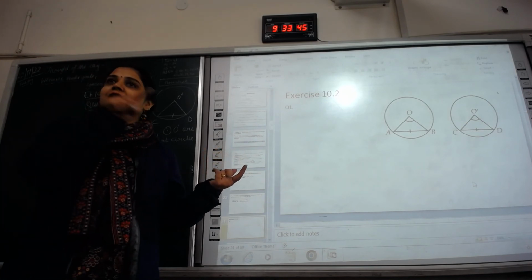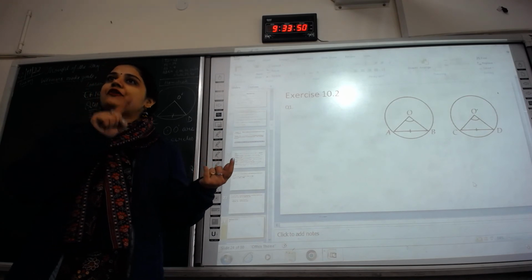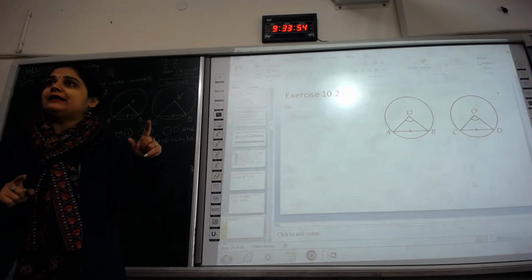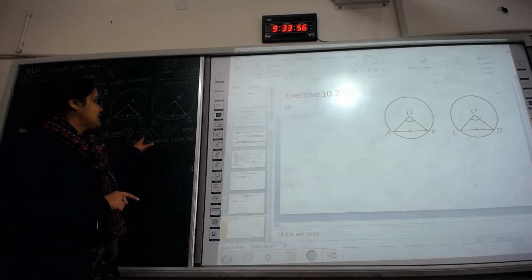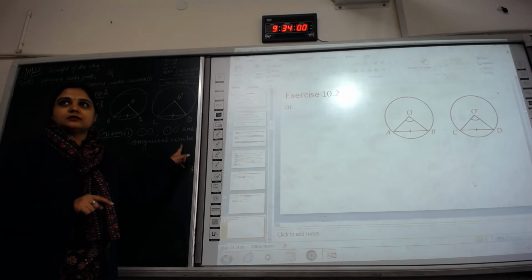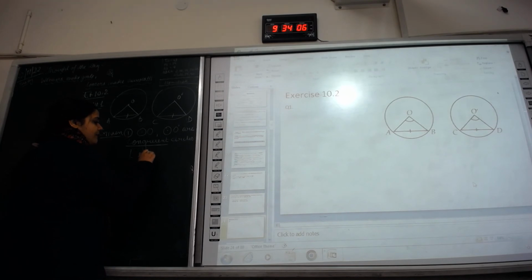For a triangle we make a small triangle symbol and then write the vertices, because a triangle is defined by the vertices. Similarly, a circle is defined by the center. So we have a circle with center O, a circle with center O dash, and these circles are congruent. Congruent means what? Radii are same.